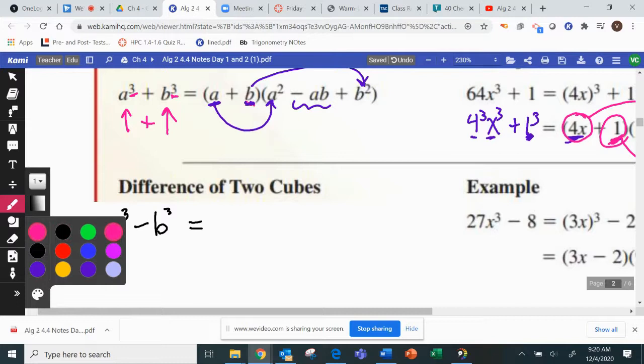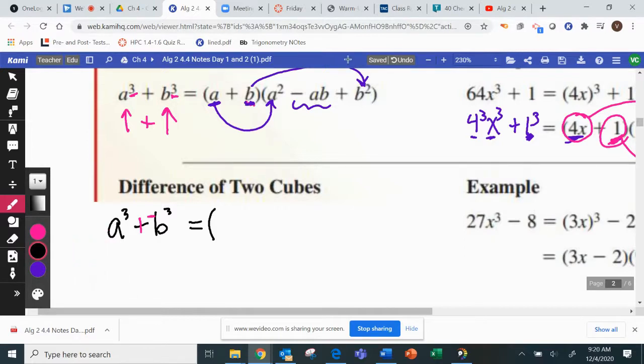I'm going to change it into the sum by doing this plus negative. See that? Now, when I do my formula, I'm going to have a plus, instead of a b here, I'm going to have a negative b. Because we're just still doing the a and the b, but the b is negative this time.